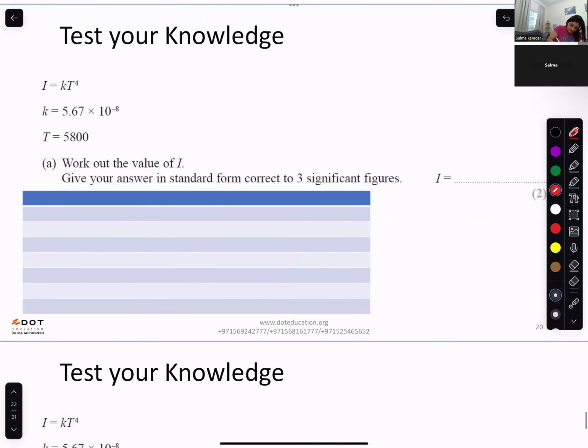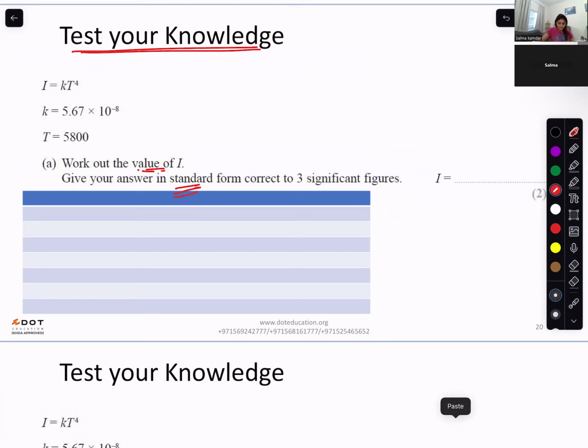Now just test your knowledge. You have to find the value of y and you have to give your answer in the standard form. Okay? Test your knowledge properly. You can use the calculator. I is equal to kt square. Such question comes for 2 marks. You can use your calculator. So I is equal to kt 4.